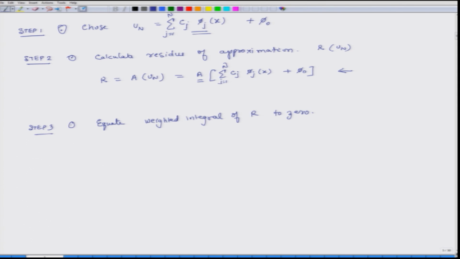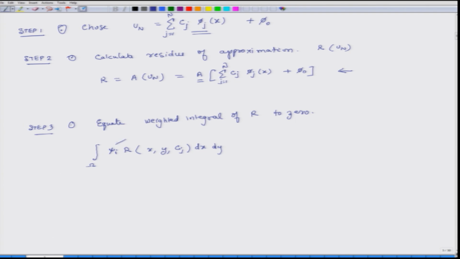So, the mathematical statement for this is I am going to integrate over domain omega my R, which depends on un, so it is a function of x, y, Cj, dx, dy, and I am going to multiply it by some weight function psi.